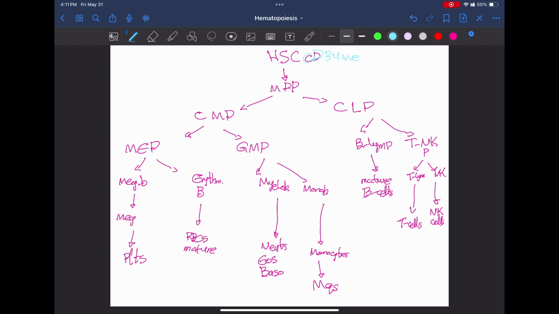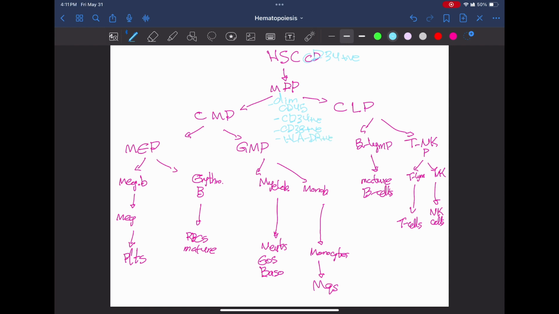Both myeloid and lymphoid progenitors are going to be dim CD45. They're going to be CD34 positive. CD38 can be positive, and HLA-DR can be positive as well.